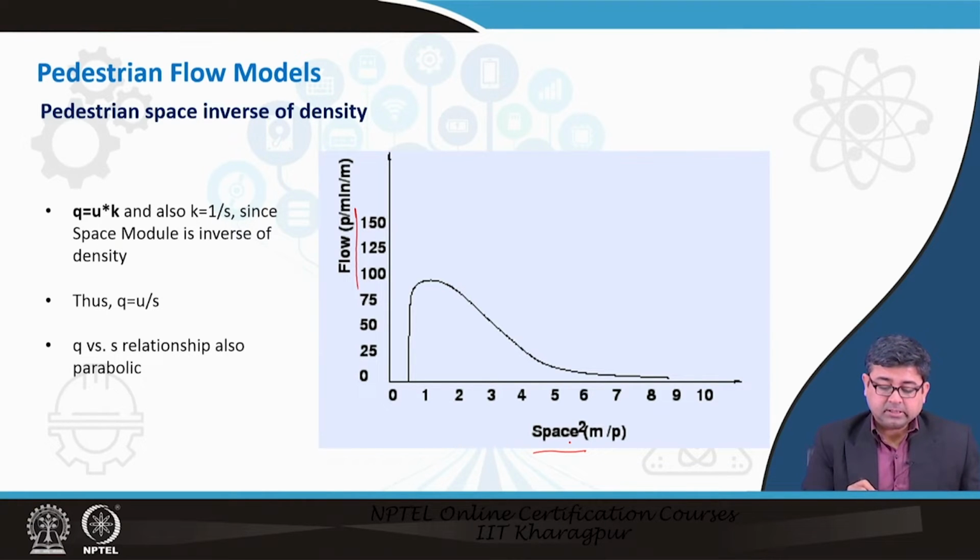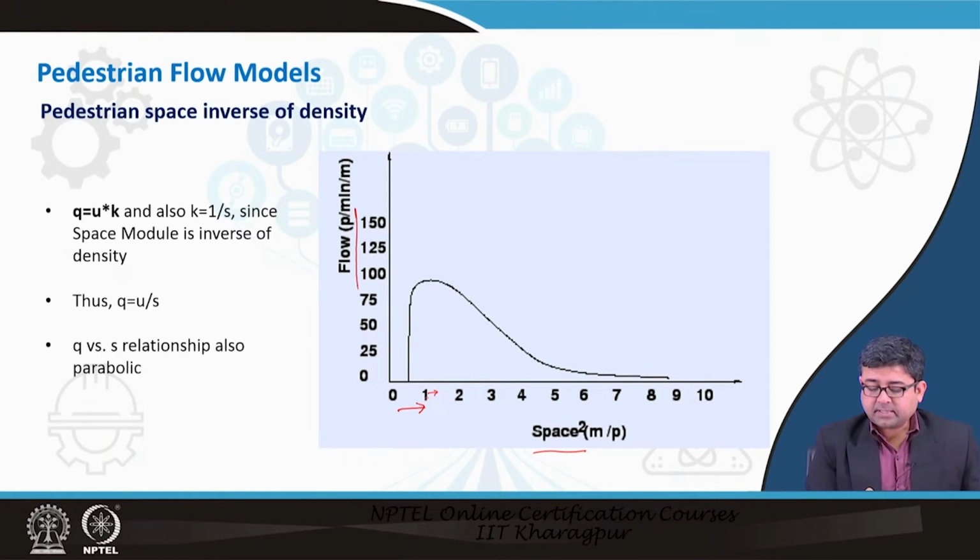So when we see the graph between flow and space, we notice that as space increases, right, so, need for space. I may need a little bit less than 1 square meter to walk freely, whereas some may need a little bit more than 1 square meter.